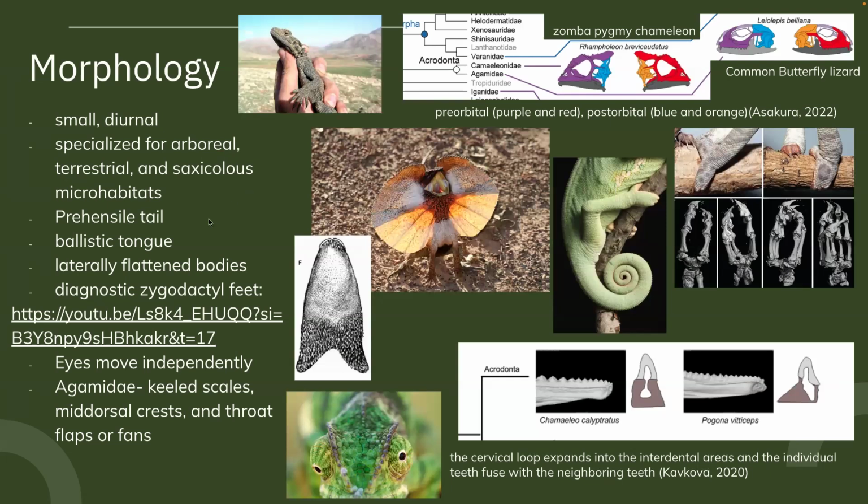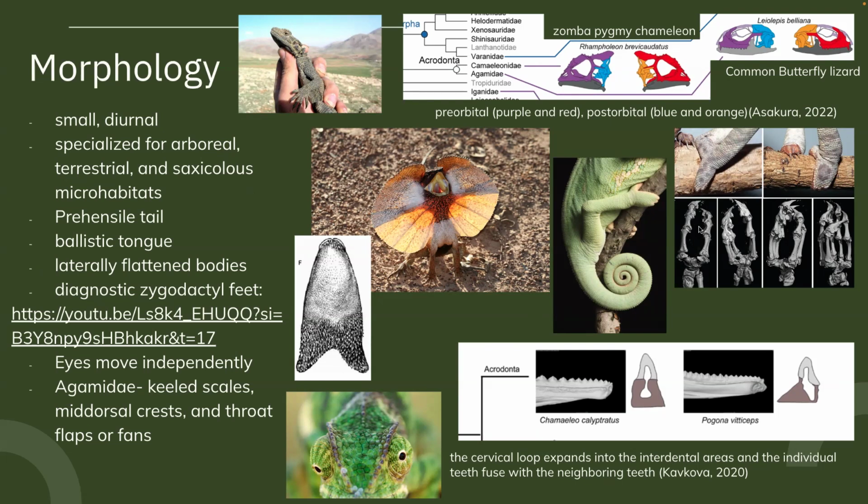They have a prehensile tail, which is useful for those arboreal habitats, staying in trees and gripping. The chameleon has a ballistic tongue, which we've seen before, and we'll see in the next slide. And they also have laterally flattened bodies. The chameleons also have diagnostic zygodactyl feet, which is this split over here.